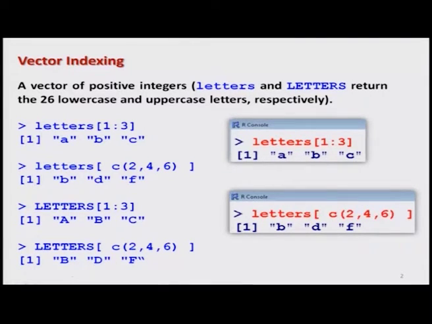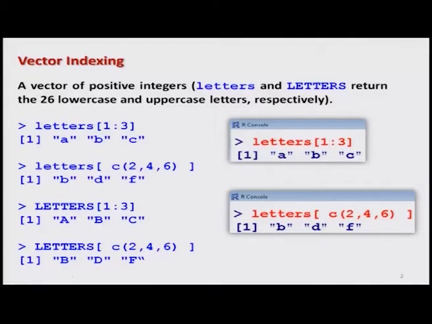One option to play with the vector of positive integers is to use the lowercase or say uppercase alphabets. In an earlier lecture, we had discussed how the lowercase alphabets and how the uppercase alphabets can be called in R programming.